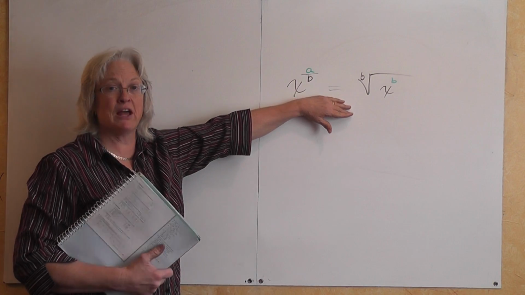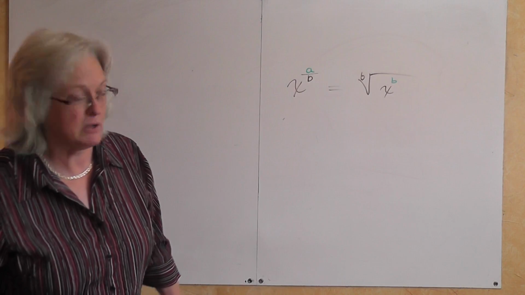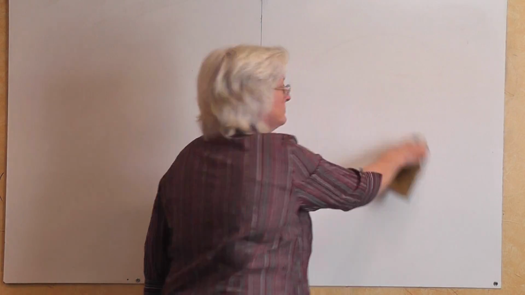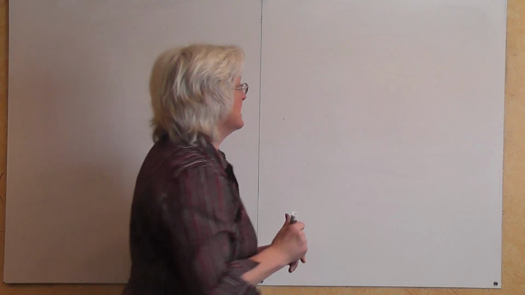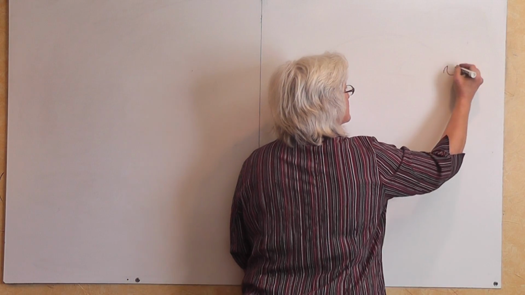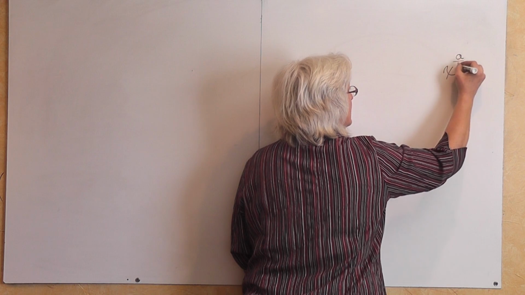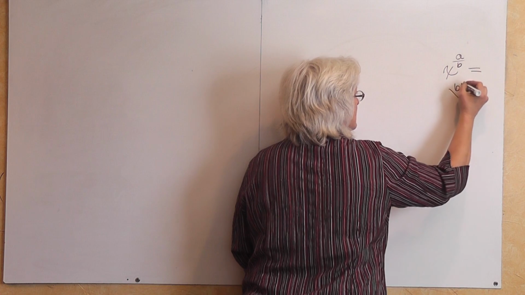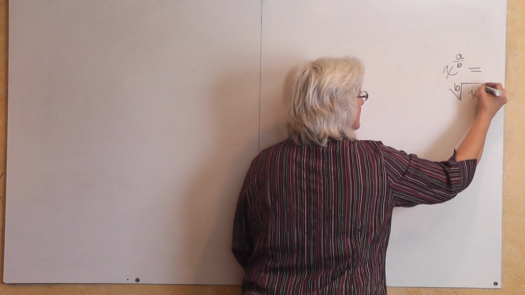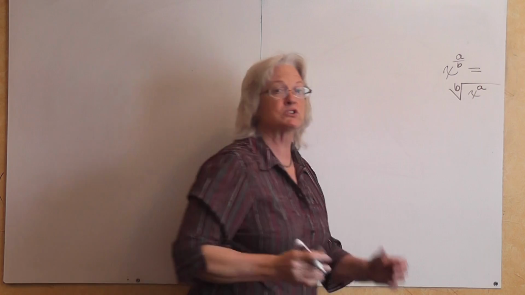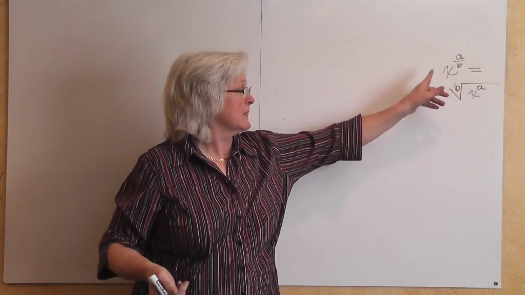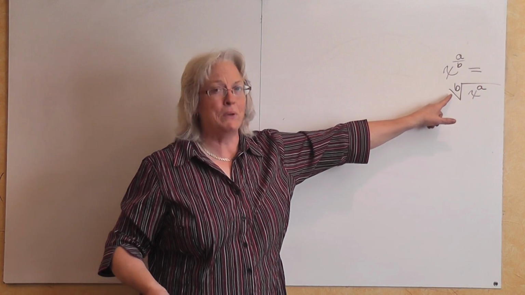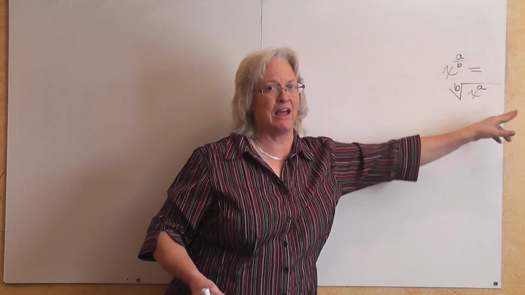This is the definition that you have to have memorized. Matter of fact, let me write this over to the side and we'll refer to it. If you have x to the a over b, that can also be expressed with a radical sign this way. You're going to laugh when I read this to you: x to the a over b is equal to the bth root of x to the a.